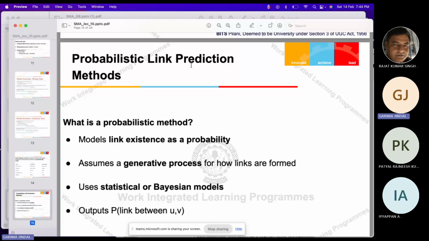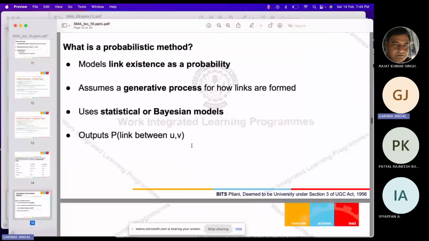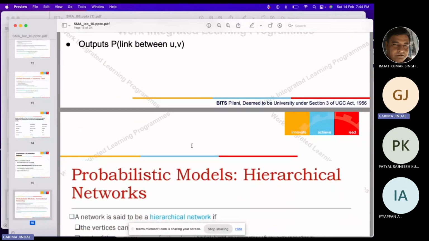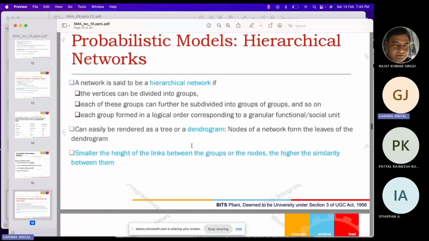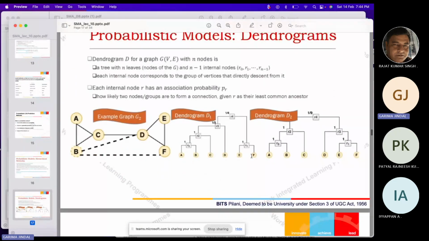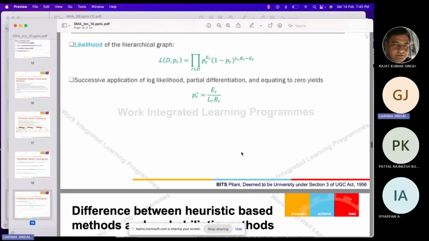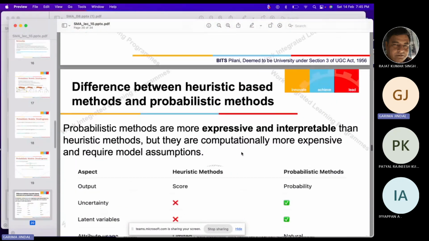In this particular algorithm, we use the generative model and try to identify the probability associated with each of the nodes that are not connected. Based on the probability, you will form the dendrograms, identify the probabilities, and based on the probabilities you can identify whether there will be connections or not.